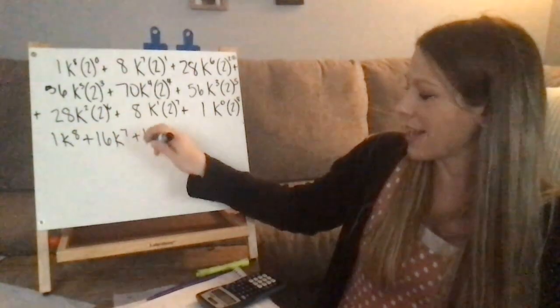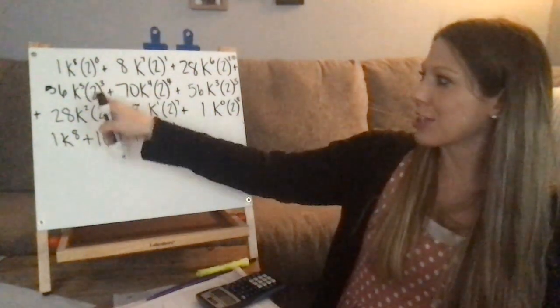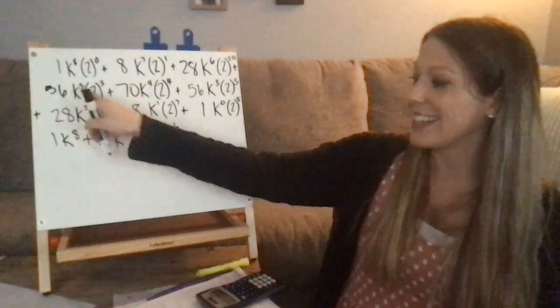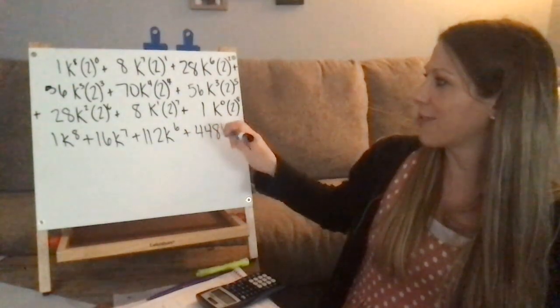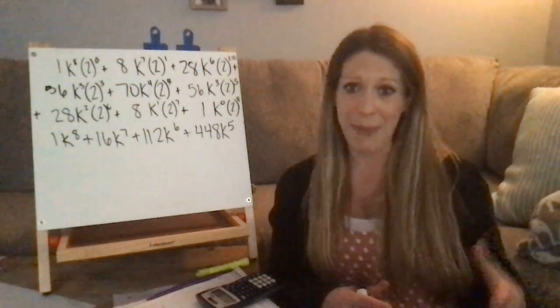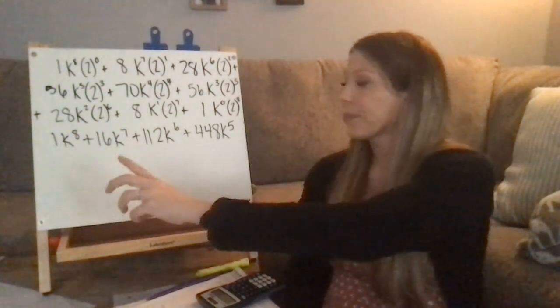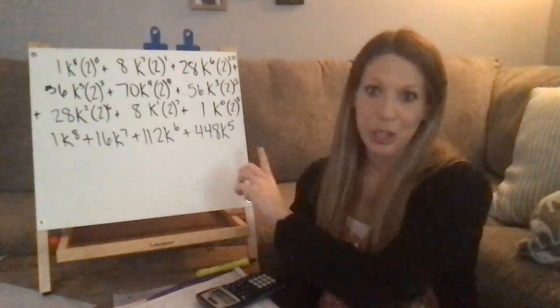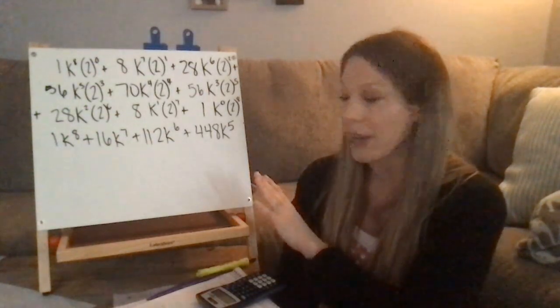And that's going to be 112 k to the 6th power. 2 to the 3rd is 8, times 56. Get 448 k to the 5th power. So our numbers are not going to match Pascal's triangle anymore at this point because of the 2's, because we're multiplying by 2 to whatever power as we go.